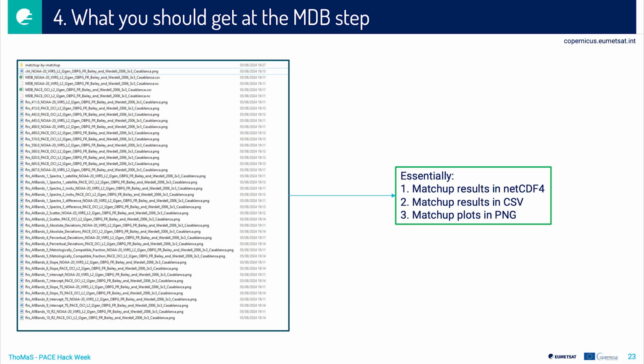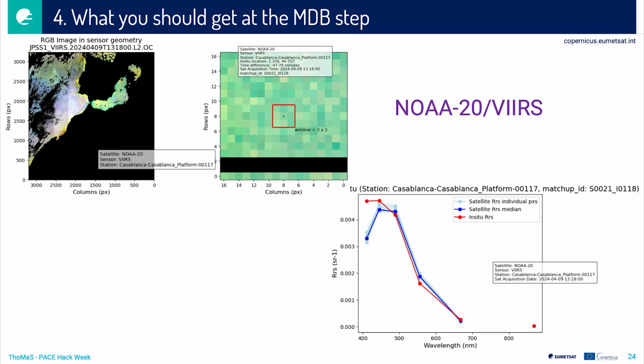I just wanted to show the kind of results that you would get once ThoMas finishes: NetCDFs, CSVs, and PNGs. First, the matchup-by-matchup results. This is VIIRS. This is one matchup, the closest in time matchup for PACE.